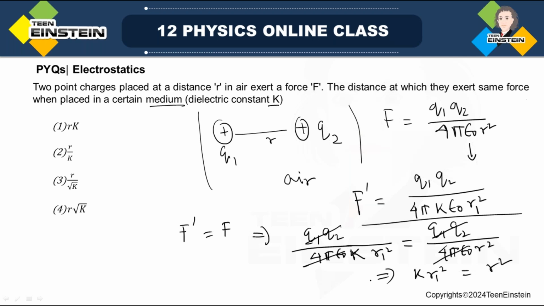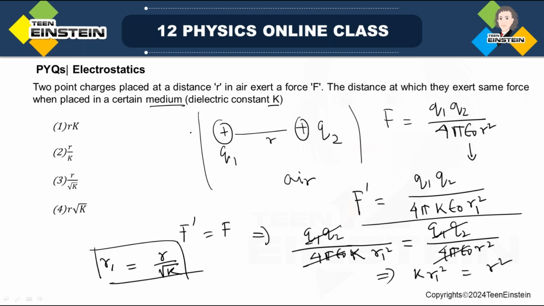From here I can write r1 is equal to r by square root of K. So this is the distance where the force between the charges will be the same when they are kept in the medium.